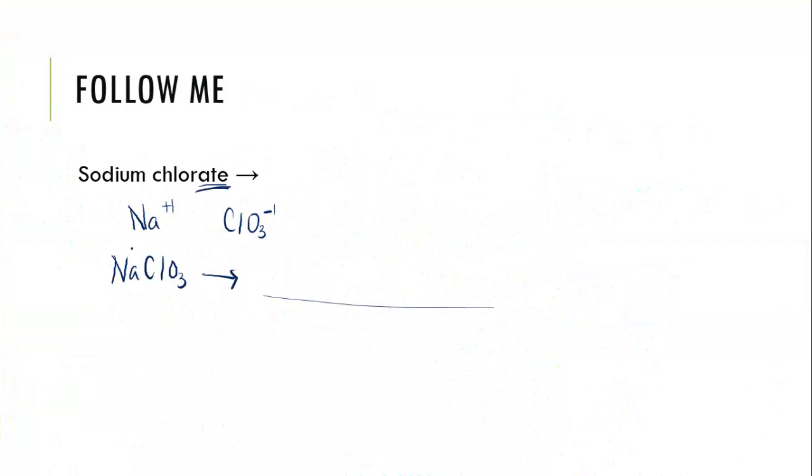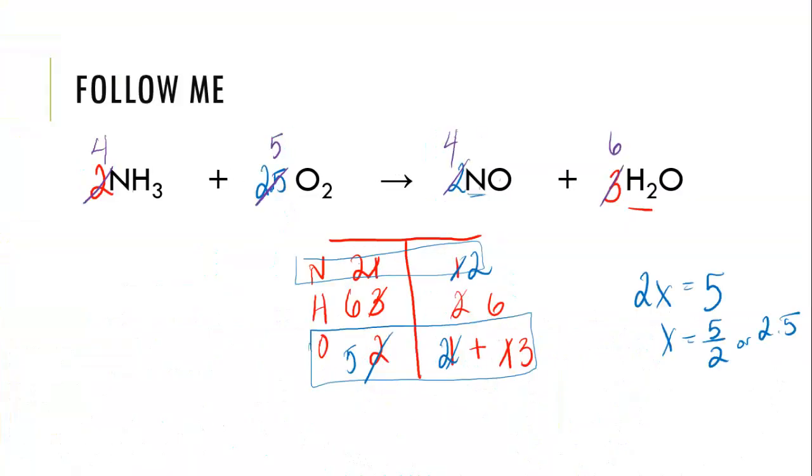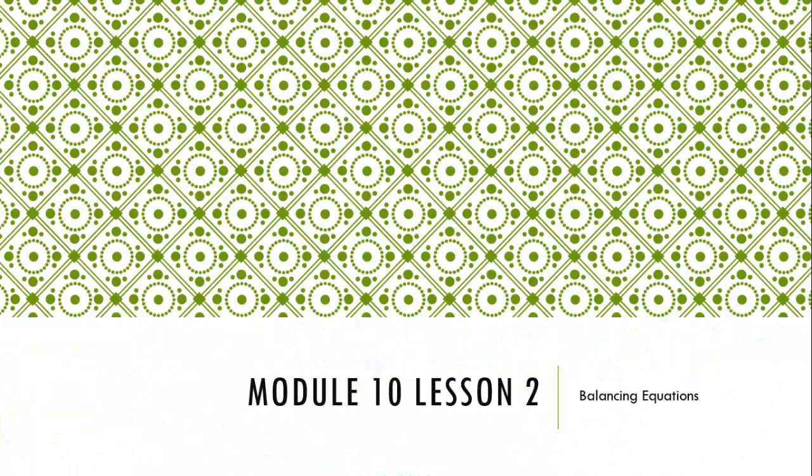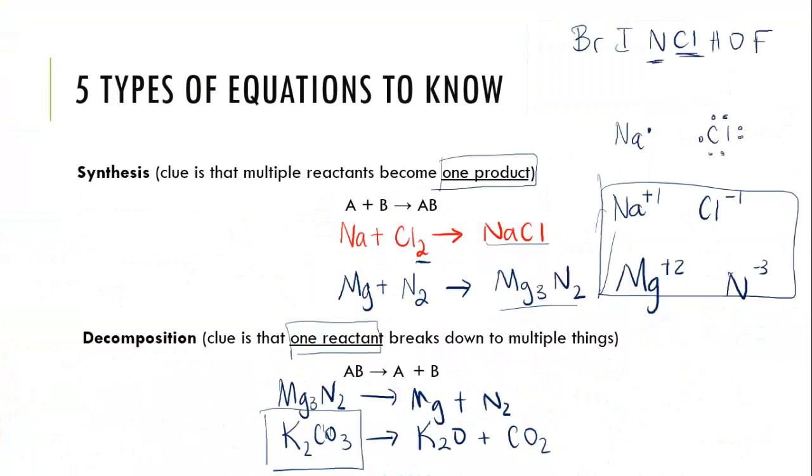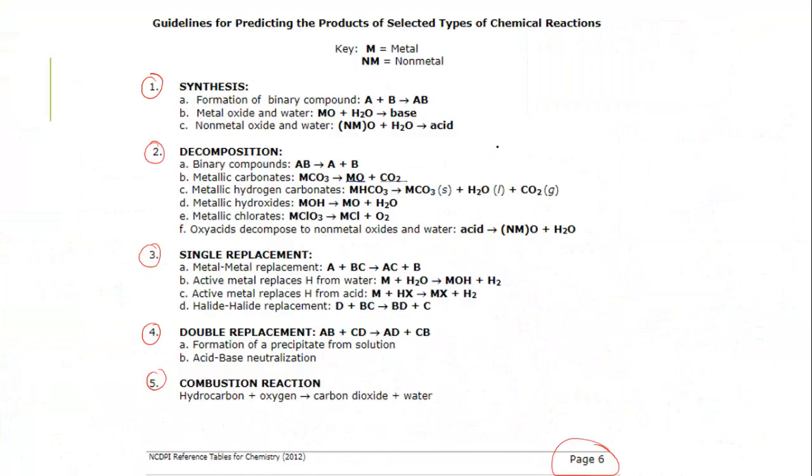Well, looking at this, there's only one starting ingredient, which tells me that this has to be a decomposition reaction. Now, I don't think I have this available, so we're going to flip way back through previous slides. We had this little table a long time ago in lesson 1, and it tells me exactly what to do. What we just had was NaClO3 right here.